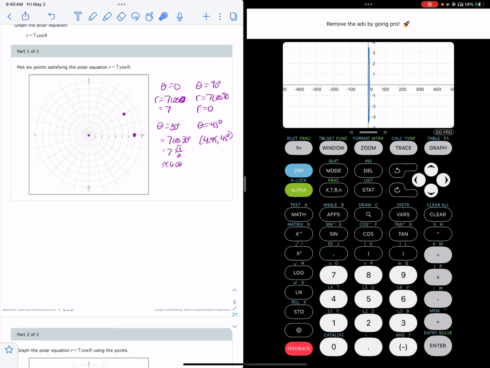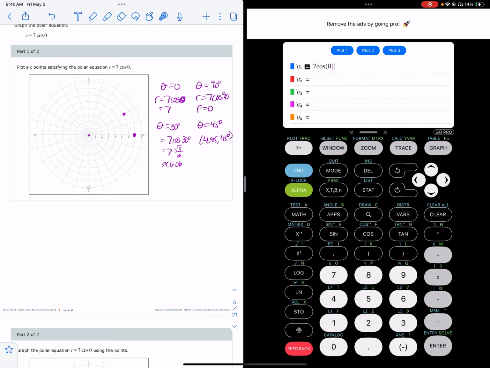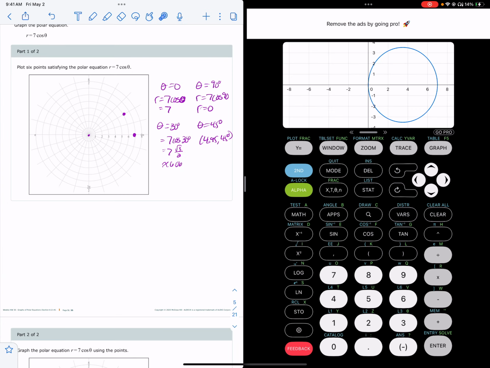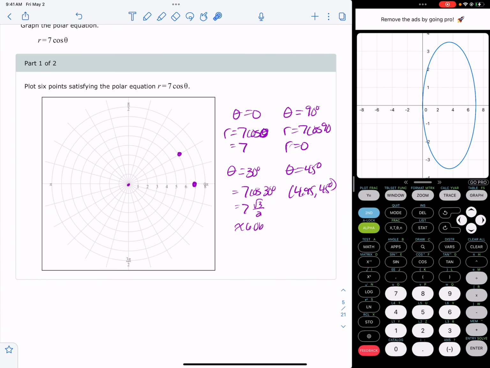But I personally just think it's easier to figure it out, to be honest. Okay, and so, let's see, 45. I did 60, so I got 3.5, 60 degrees.